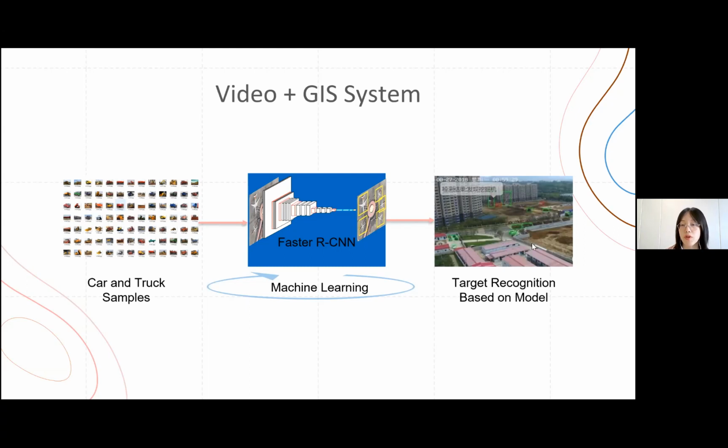Once we have set up our surveillance camera in an area of interest, we can combine that video with the model and GIS system, and it can automatically recognize cars and trucks appearing in this video.